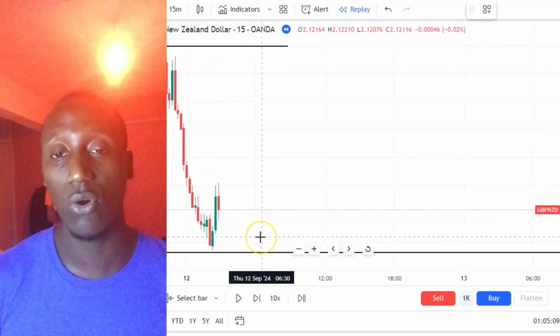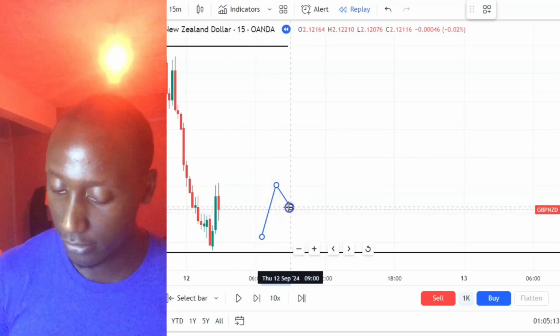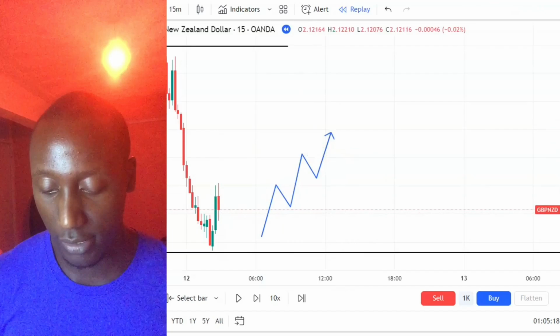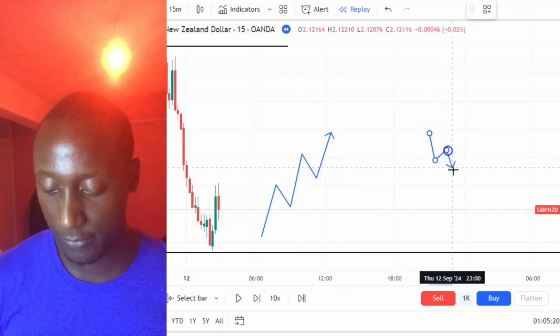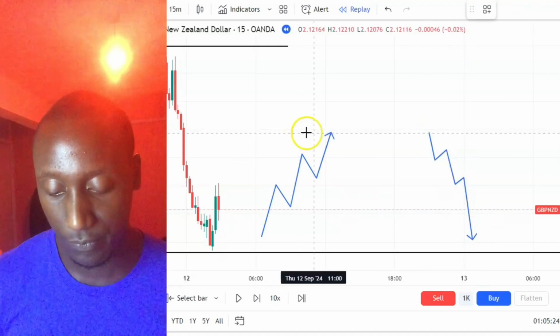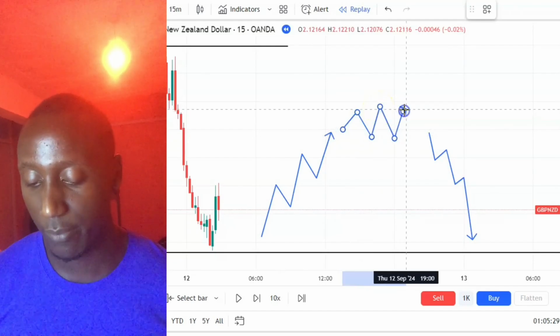So price will always do 3 things. We will always be moving up in an uptrend, down in a downtrend, or sideways in a consolidation. So this is the only thing price will do.